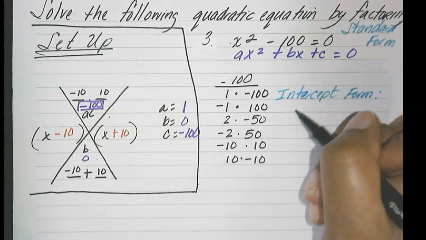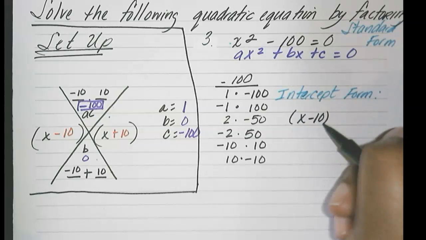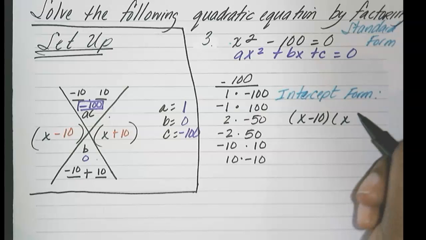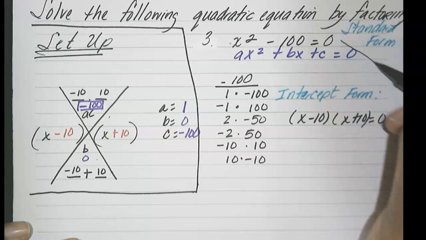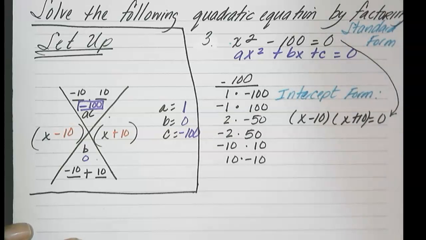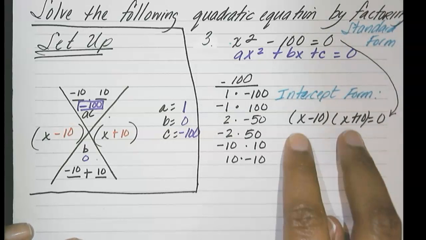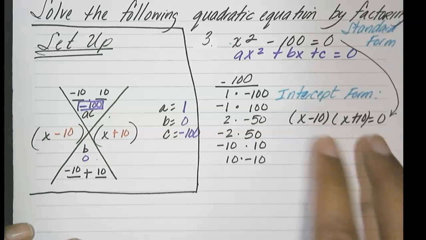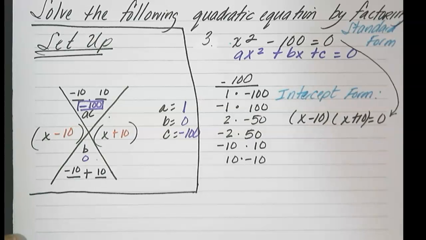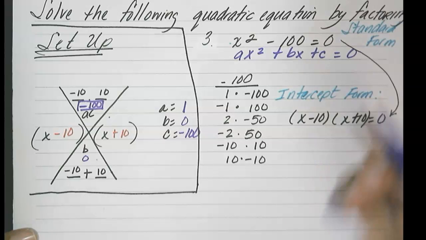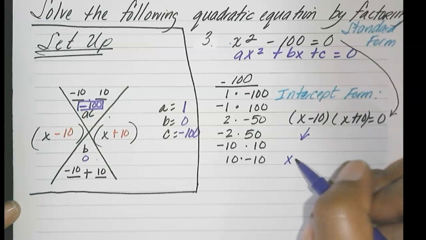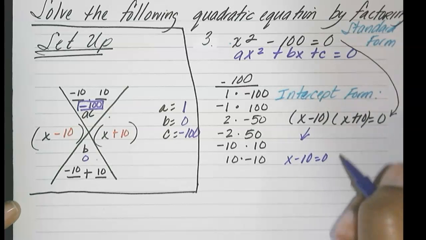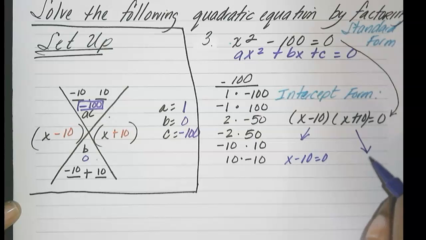Something about you told me you can handle it. x minus 10 times x plus 10 equals 0. These 2 equations are equivalent to each other. If you don't believe me, multiply that using either the box or FOIL, first outer inner last. Woohoo! All right, so now what we must do is consider x minus 10 equals 0 and also x plus 10 equals 0.